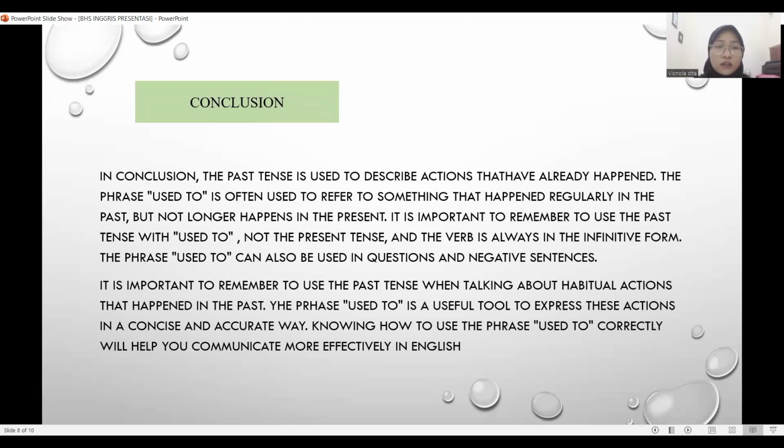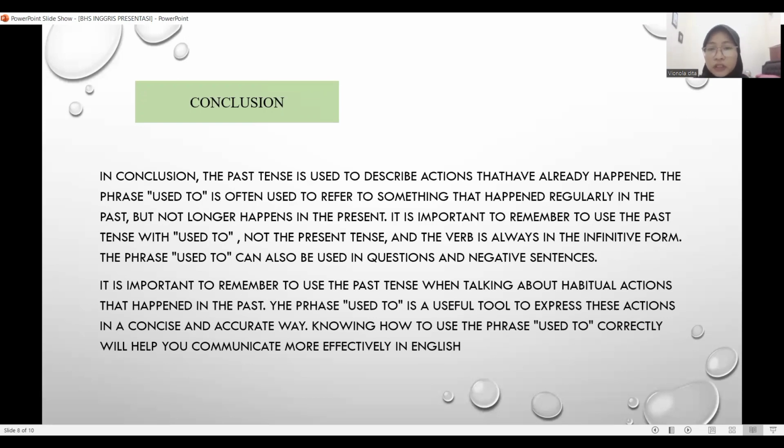Conclusion. In conclusion, the past tense is used to describe actions that have already happened. Used to is often used to refer to something that happened regularly in the past, but no longer happens in the present.